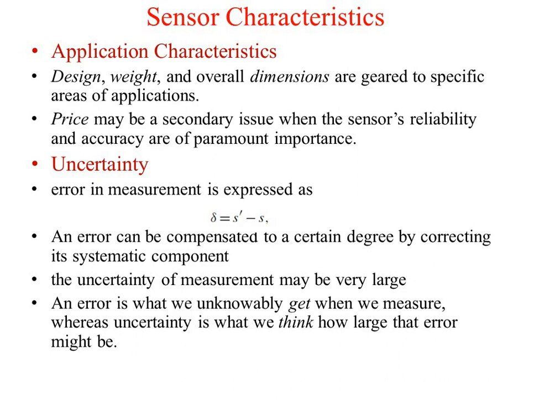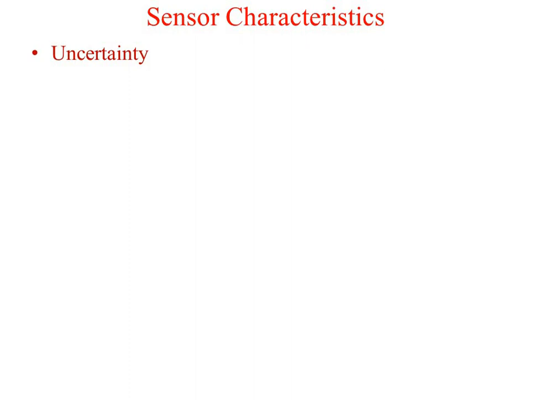So this error is what we unknowingly get when we measure it, whereas uncertainty is what we think how large that error might be. So you can predict it.